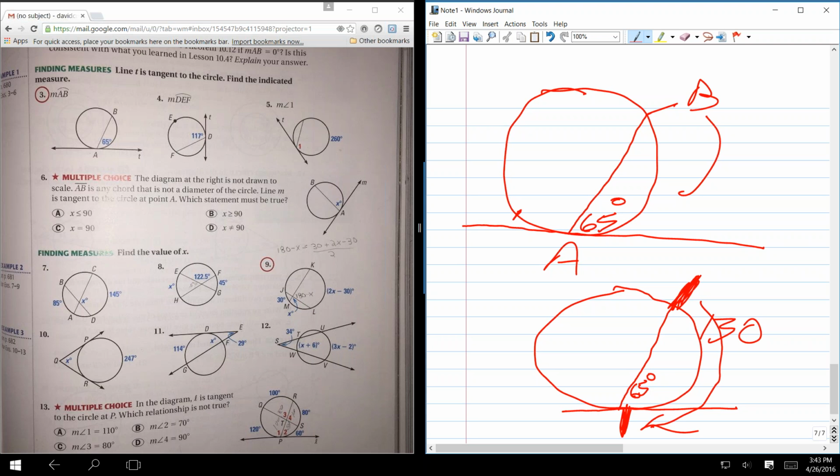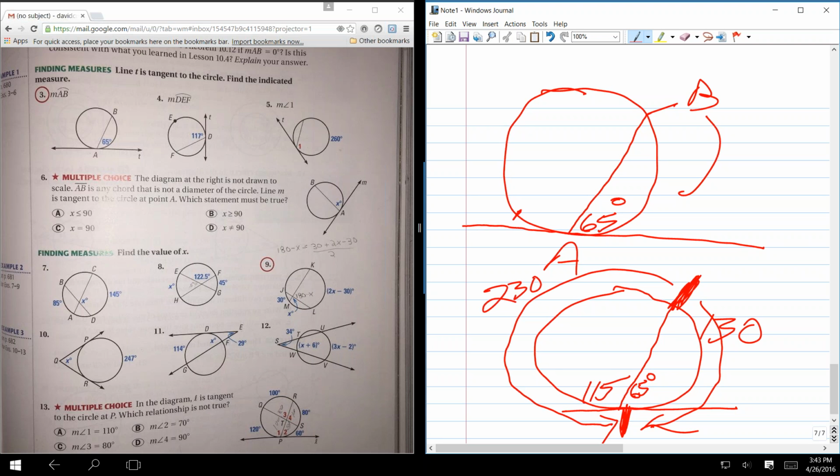I mean, you can kind of see why that would be the case. And that's the answer, 130 for the measurement of arc AB. Naturally, if that's 65, this is 115. And this arc going from here to here would be 230.